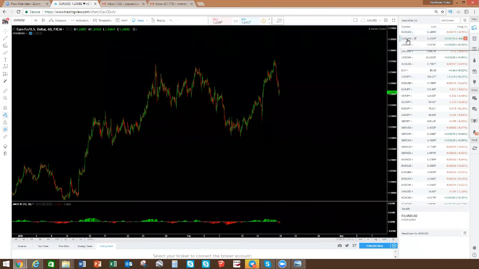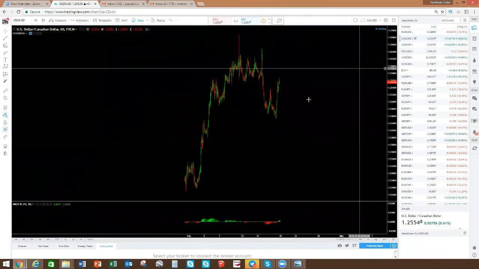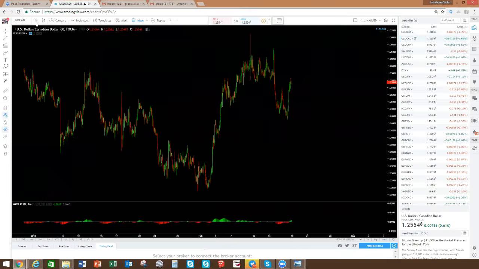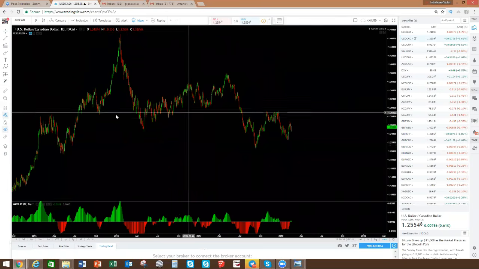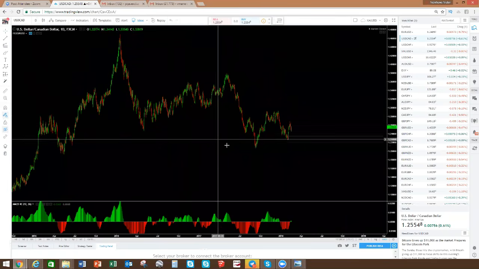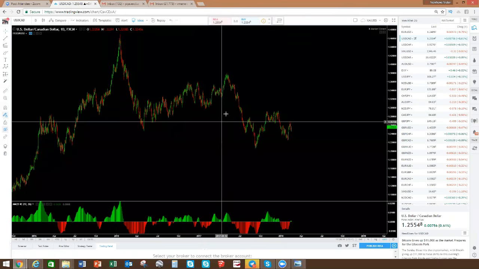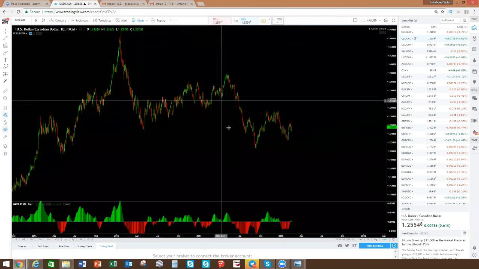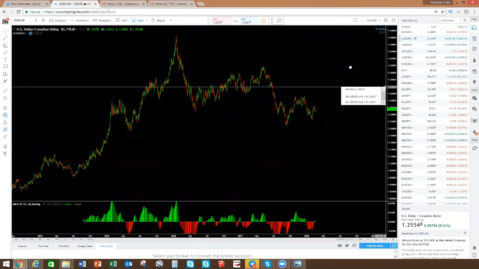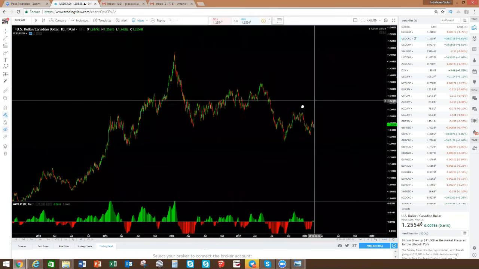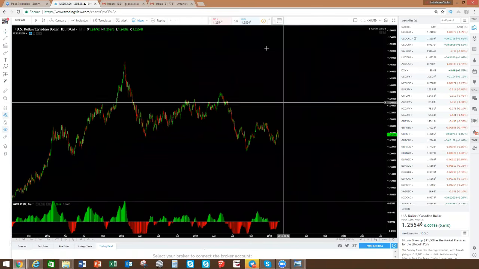Now US dollar CAD. US dollar CAD, daily score. Yes, in any 1, 2, 3, 4, 5, between 3 and 5, you should get divergence, whether it's within a wave C or it's just an impulsive move on its own.